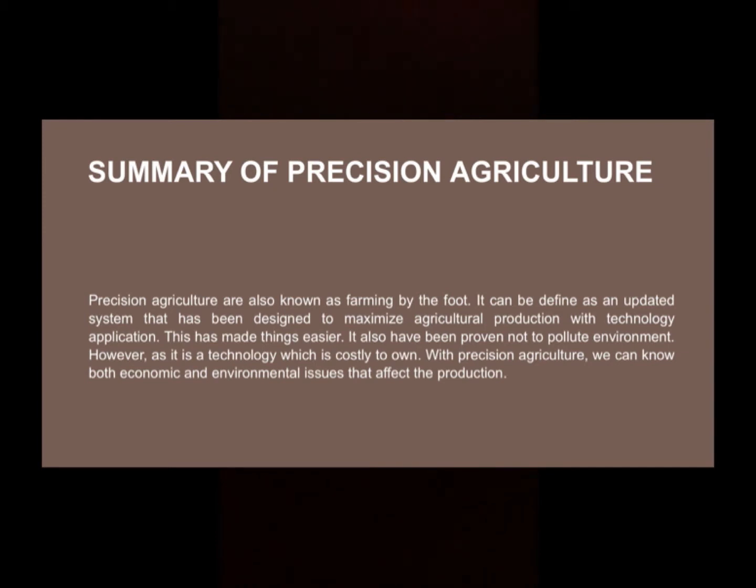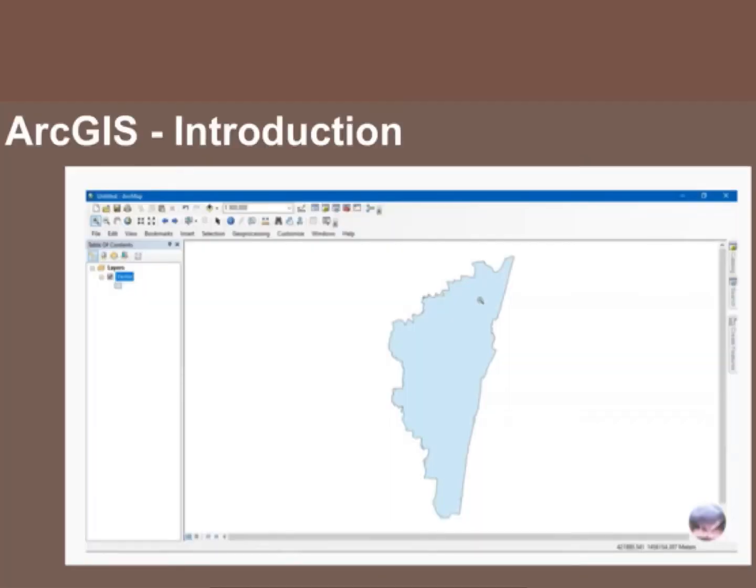A Geographic Information System, also known as GIS, is a powerful tool used for computerized mapping and spatial analysis. A GIS provides functionality to capture, store, query, analyze, display, and output geographic information.